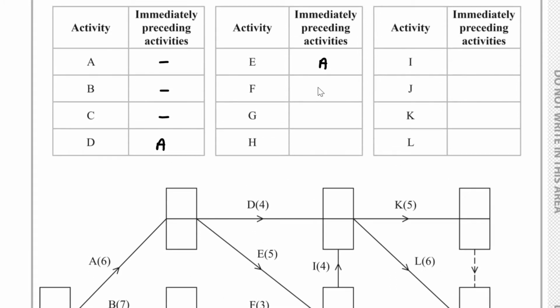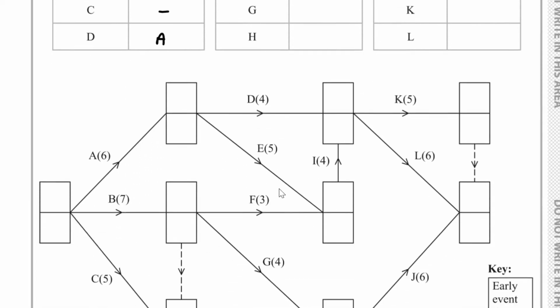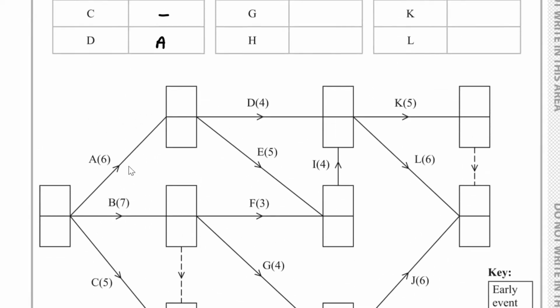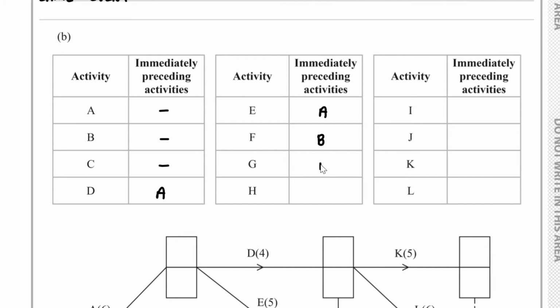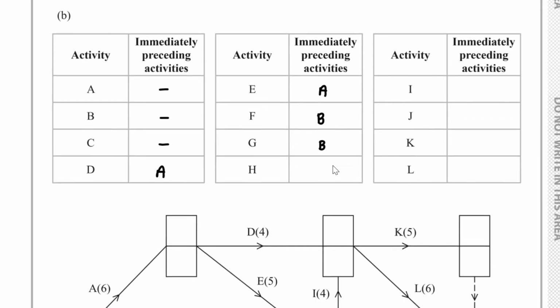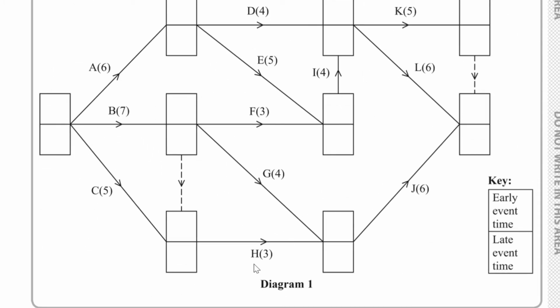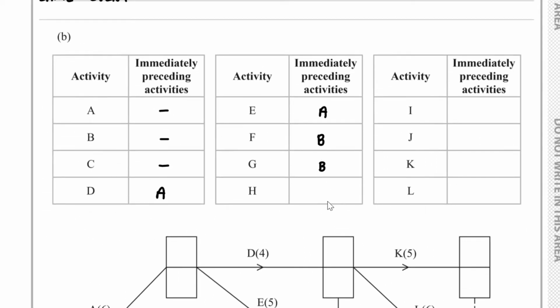So we have B over here. If we take a look at G, this depends on B completing only. And if we take a look at H, because we've got a dummy here, you can see H depends on B and C. So we write down B, comma, C.